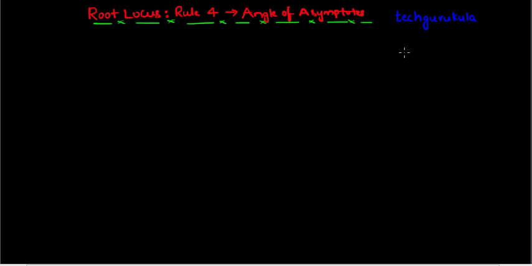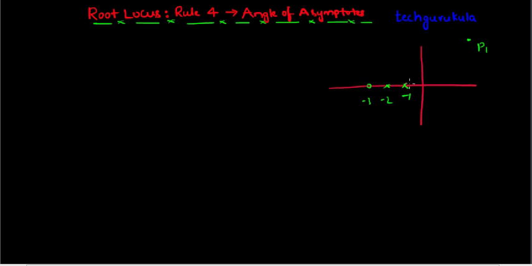Let me take an S-plane like this, and let's say I have a pole-zero configuration pointed out on this plane, with points at -1, -2, -3. And suppose I take a point here, call it P1, and let's assume this P1 is on the root locus.